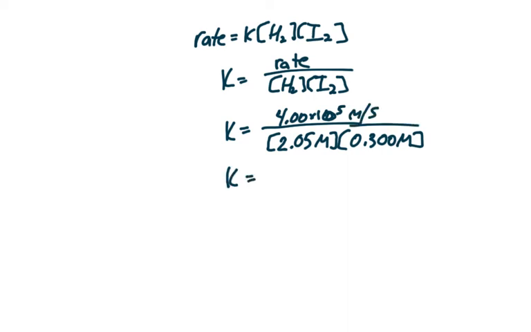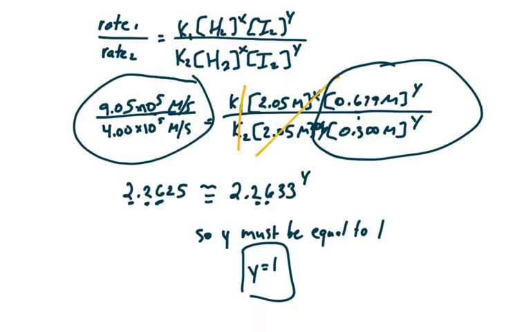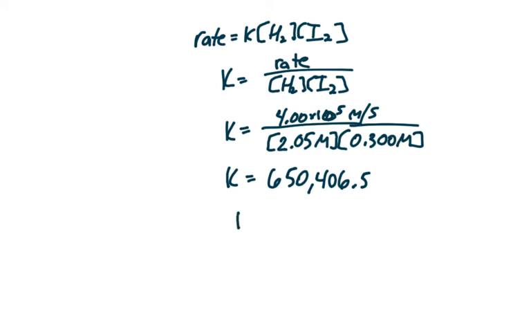So k is equal to a really big number, 650,406.5. We want to round this to 3 significant digits. I report this as 6.50 times 10 to the 5.